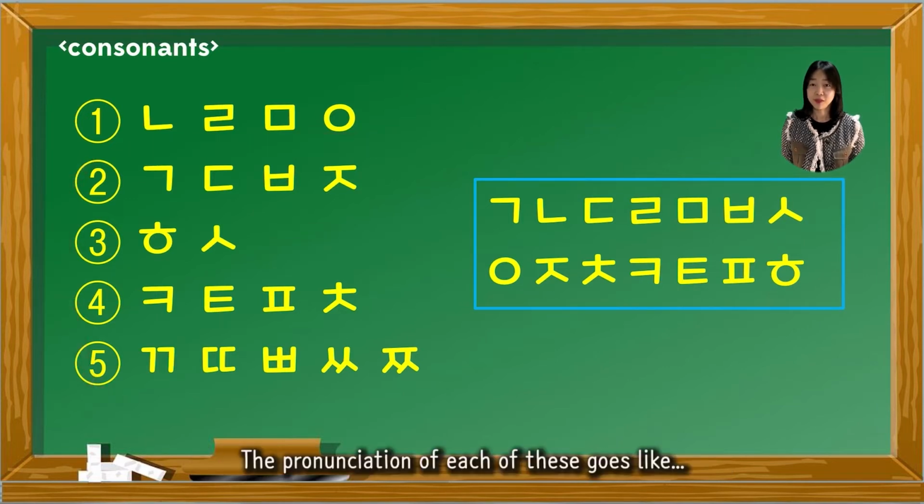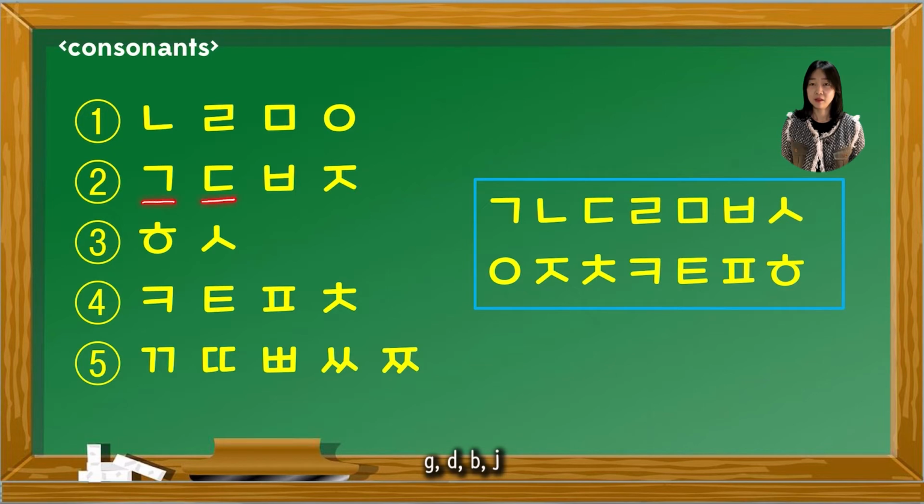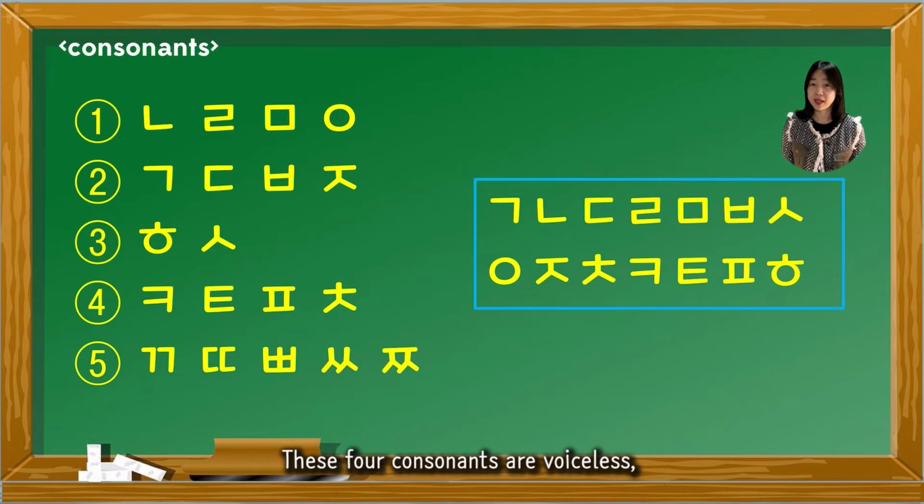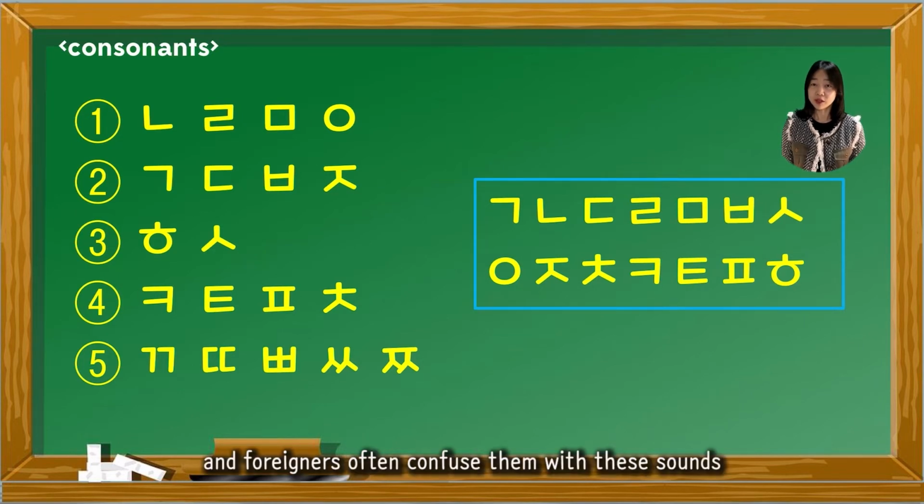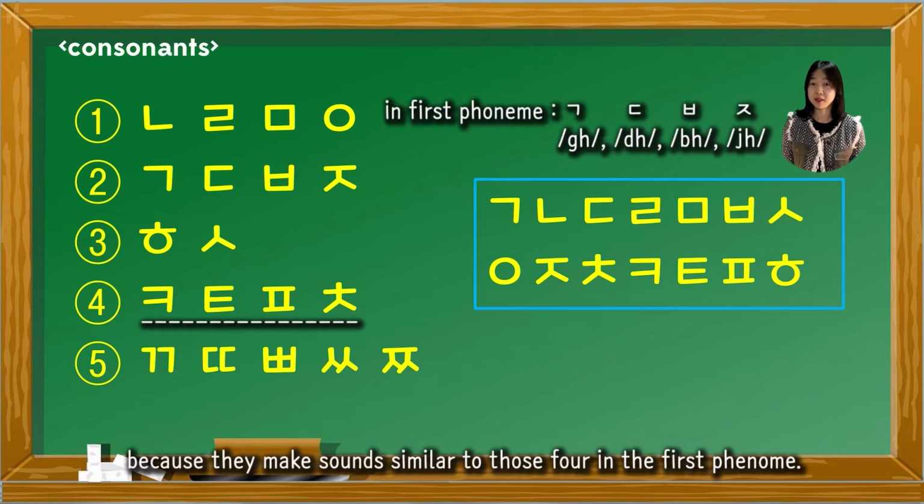First, the pronunciation of each of these goes like G, D, B, J. These 4 consonants are voiceless, and foreigners often confuse them with these sounds because they make sounds similar to those 4 in the first phoneme.